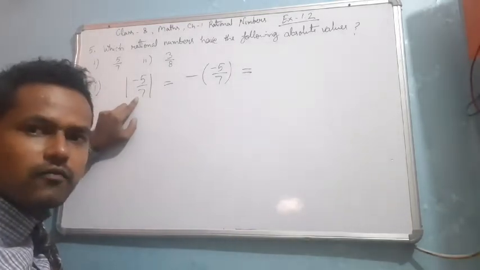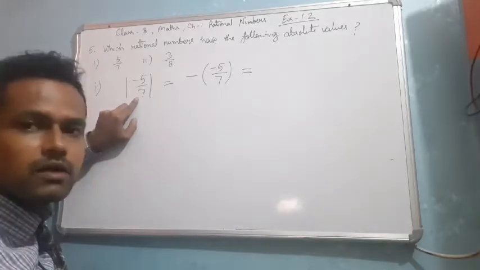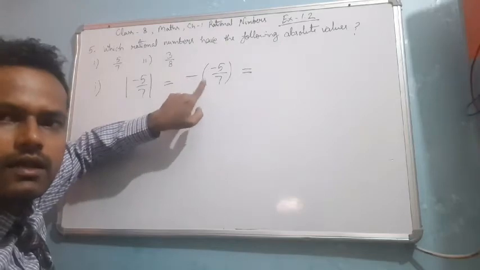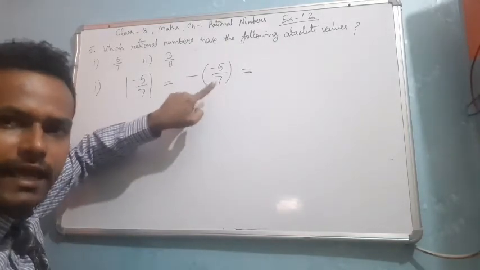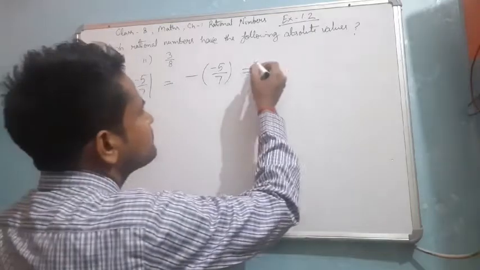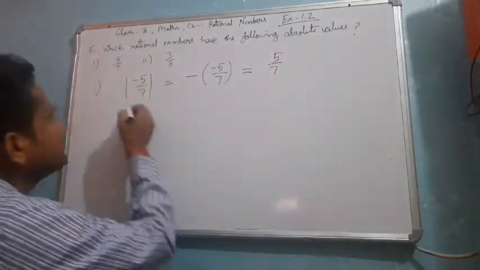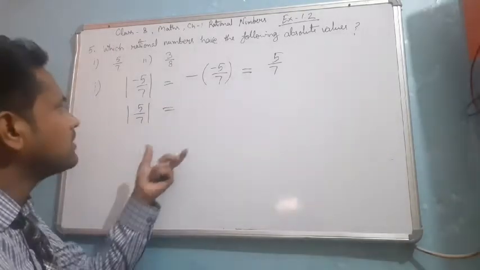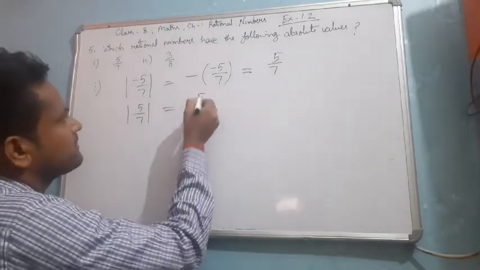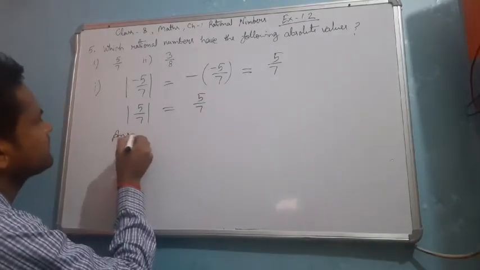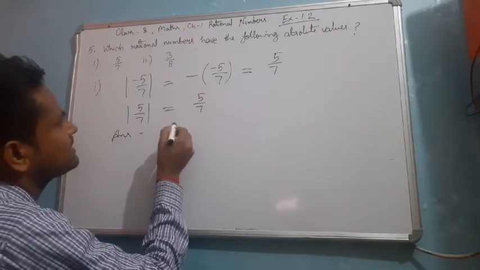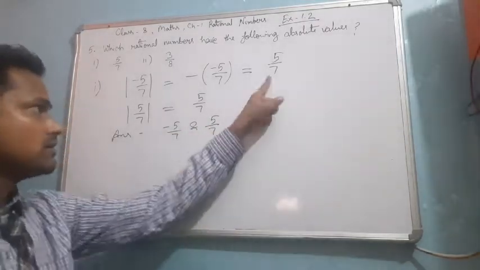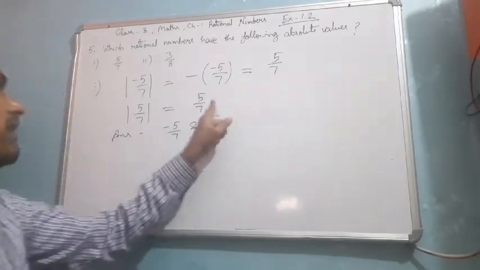By the definition of absolute value of a rational number, if the rational number is negative, then it always gives minus a. Got it? So this will become 5 by 7. If we take 5 by 7, it also gives the positive rational number 5 by 7. So the answer is minus 5 by 7 and 5 by 7, whose absolute value is 5 by 7.